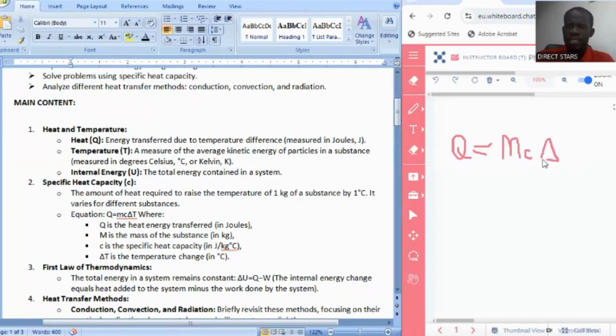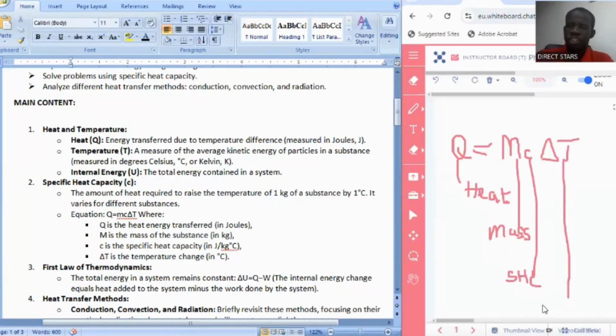Then delta T stands for the change in temperature. This is the formula. Here is for heat. Here is for the mass of the object. Here is the specific heat capacity. Here is the temperature change.